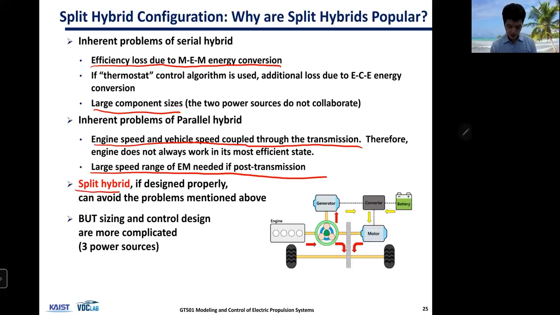The split hybrid came up with, so split hybrid was trying to address some of these issues. Okay.